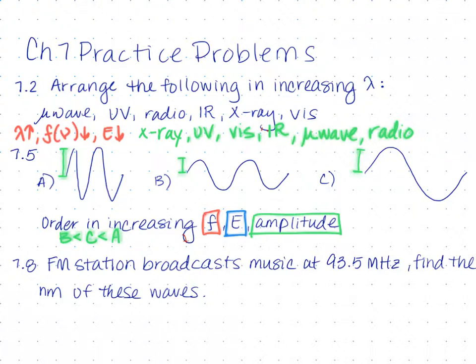So really, in order to determine the least energetic wave, I need to determine the longest wavelength. Okay, so wavelength, again, is going to be from the top of my wave, the distance from the top to the top. Okay, so this right here is my wavelength.